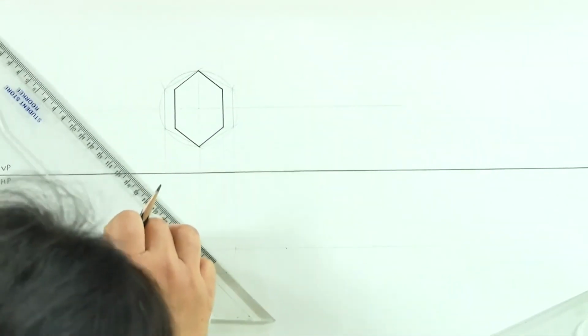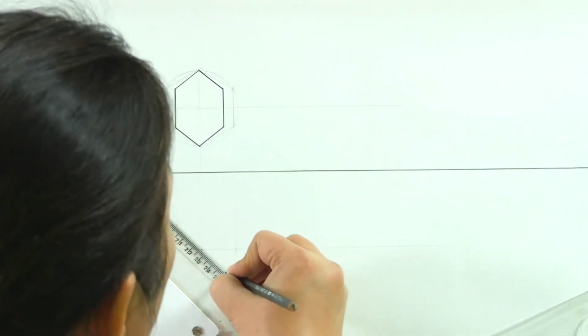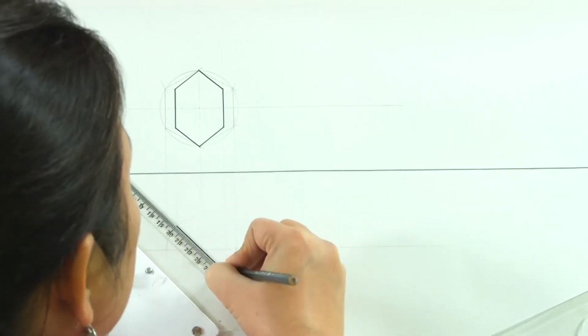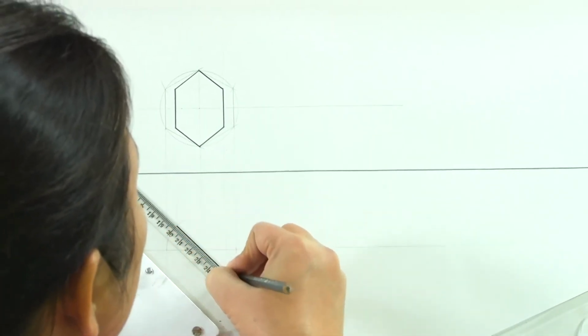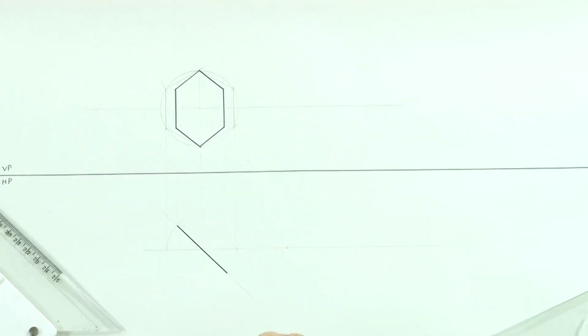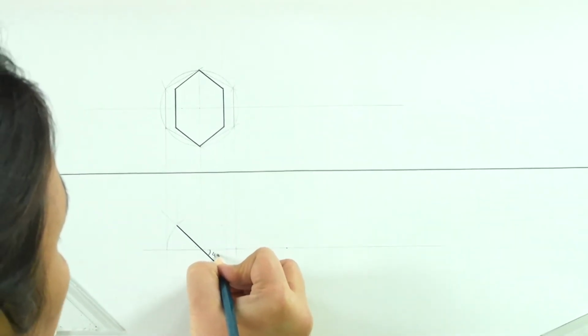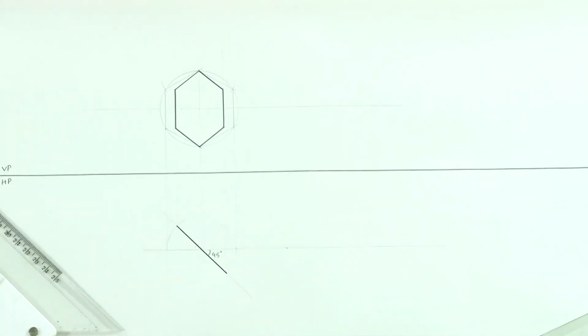And what we get here is this line, which is its horizontal trace, and now it is making an angle of 45 degrees with VP, which is what the given condition was. You can now label it.